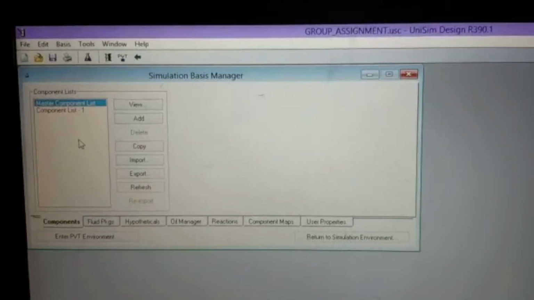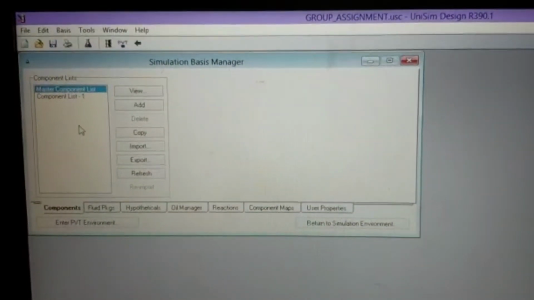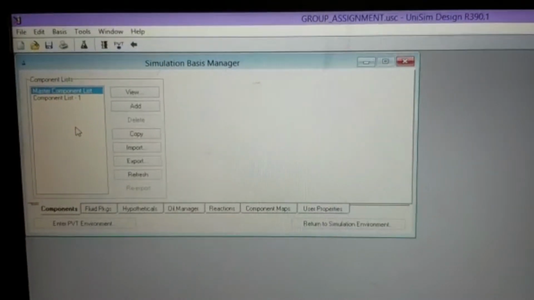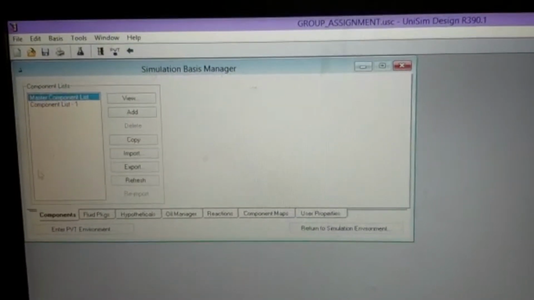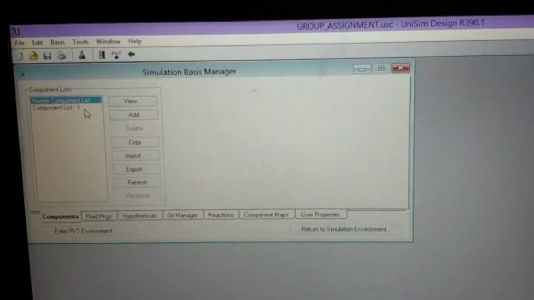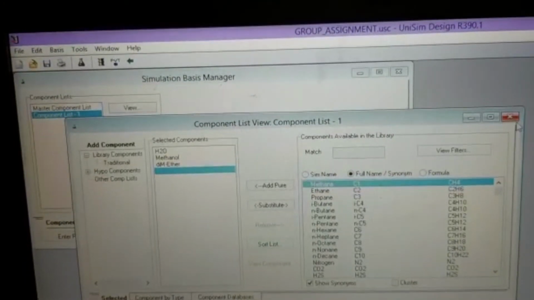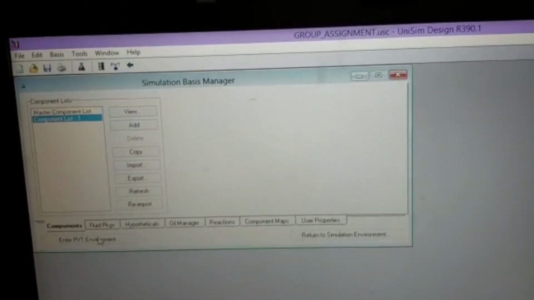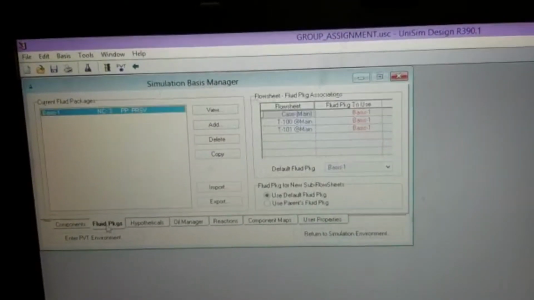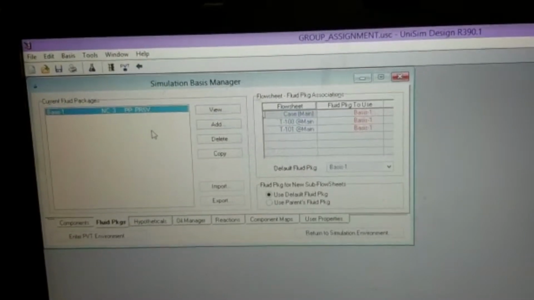Hello, I'm Leena Jaiyashre. Today I'll be showing the process flow diagram that we constructed in Unisim Design. We will start by adding the components, which are water, methanol and dimethyl ether. Next, as for the fluid package, we will be adding PRSV.